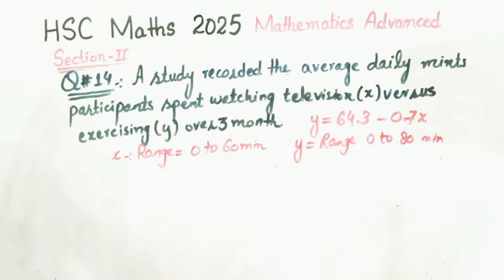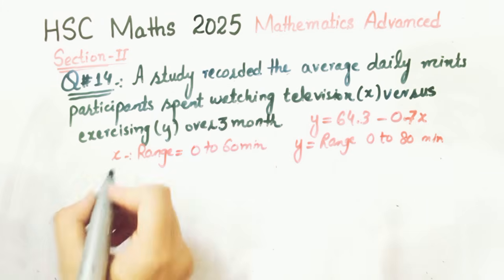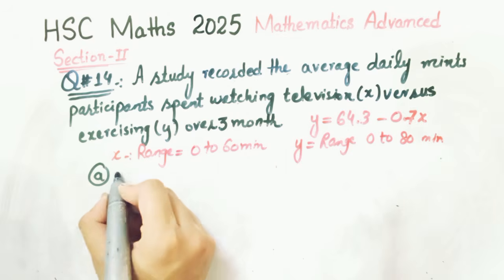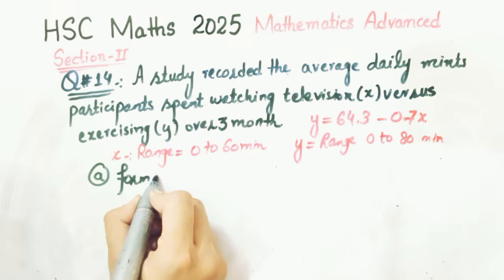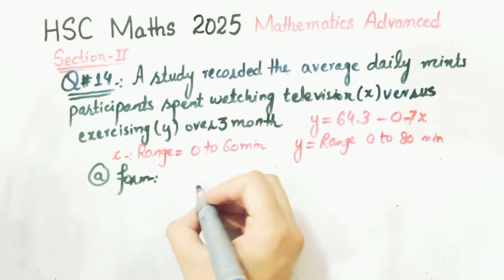First of all, you have to describe the bivariate data set in terms of its form and direction. From the equation and from the graph, what will be its form? Its form will be linear.